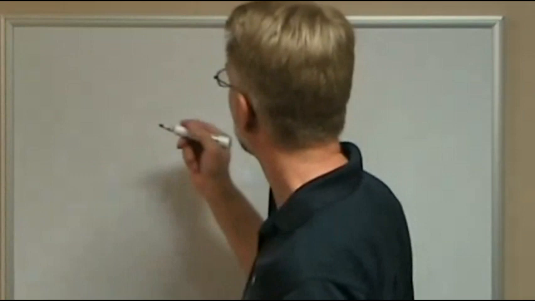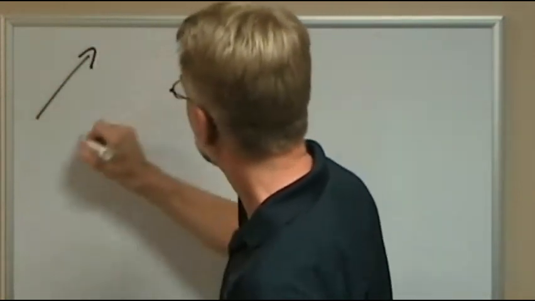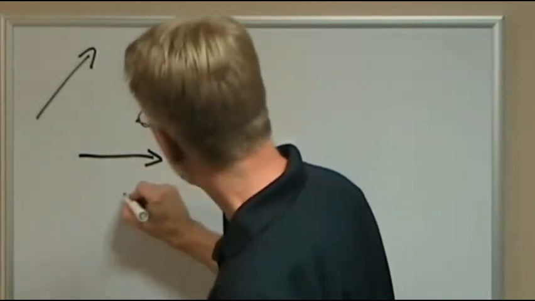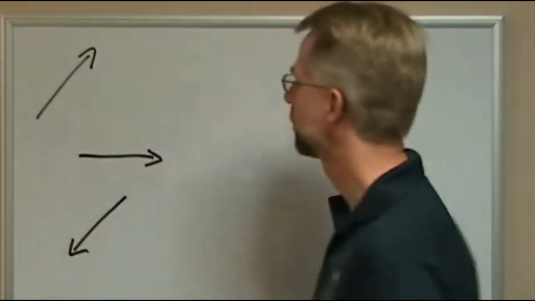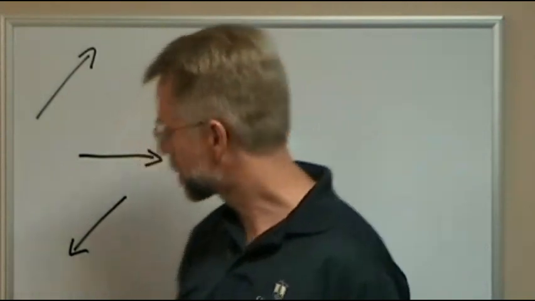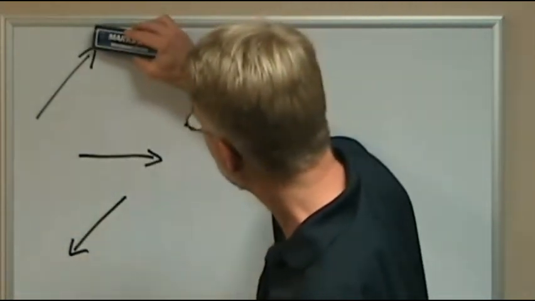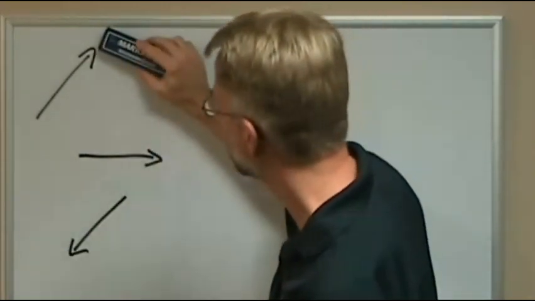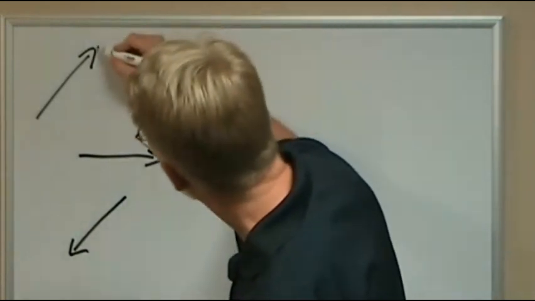So let's just draw some vectors up here. Let's draw one, about like that. I'm going to draw one that's about like that. And I'm going to draw another one that's about like that. Okay, so now we have three vectors, and we want to compose those three vectors. Well, again, from the tip of my first vector, and you can select any of them, I'm going to draw the tail of the next one.